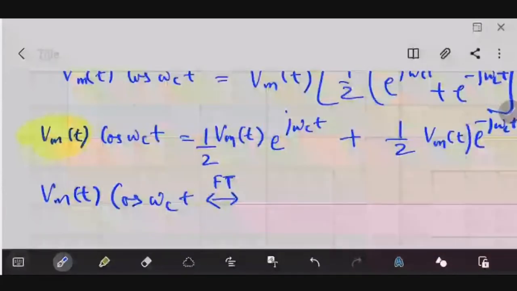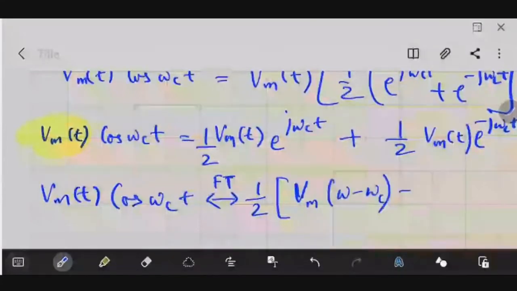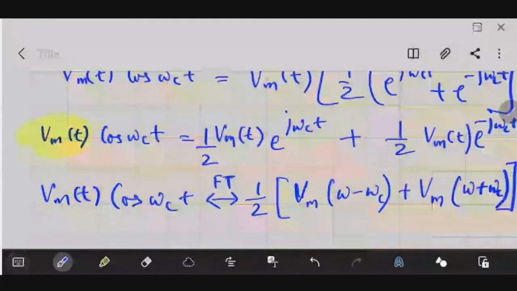We can come back from the frequency domain to the time domain. So can we write it like this: half, then capital V subscript m of omega minus omega c, plus capital V subscript m of omega plus omega c. Got it? So we have simply used the frequency shifting property of the Fourier transform.